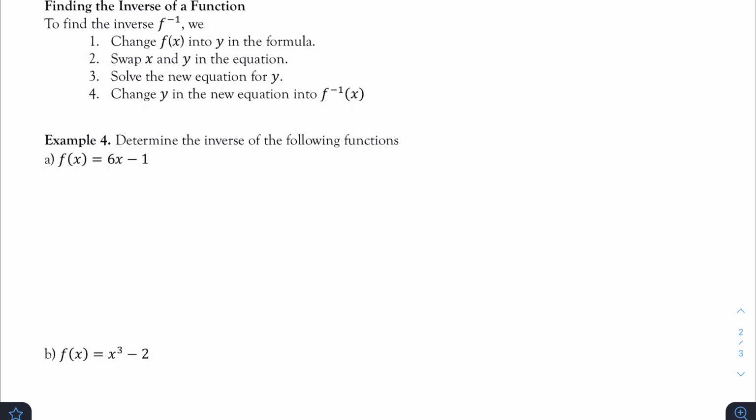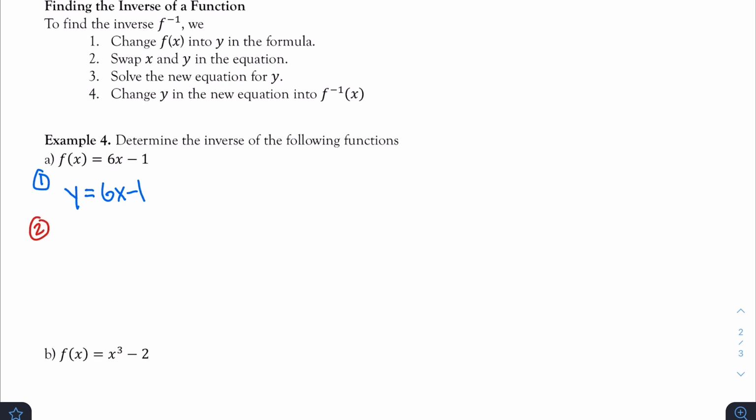In example 4, determine the inverse of the following functions. For part A, I have f of x is equal to 6x minus 1. If I follow my steps, I'm going to change my f of x into a y. That's step 1. Step 2, I swap my x's and y's.